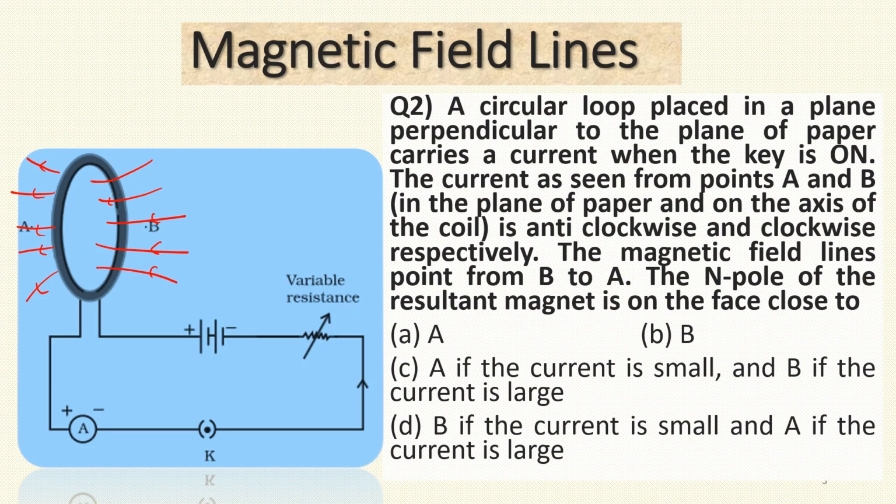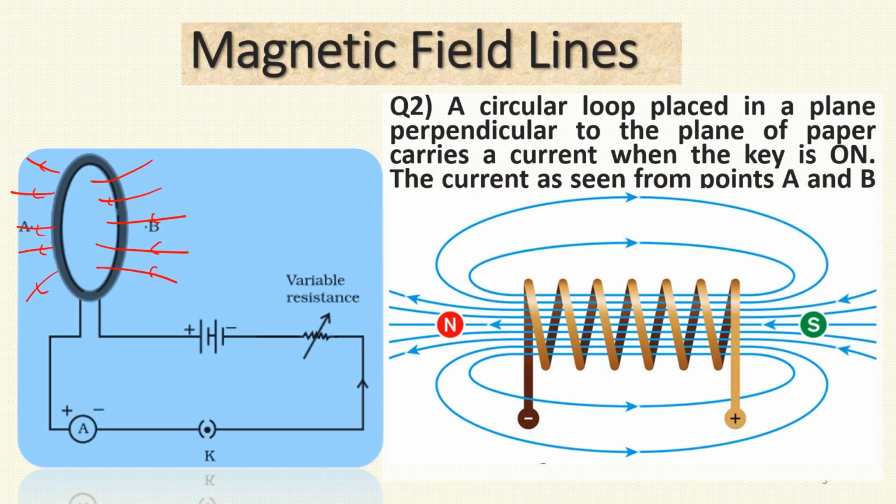The north pole of the magnet is on the face close to... So the north pole of this magnet, which is a resultant of the current flowing through the circular loop, will be on which side? To understand this, you have to understand how the magnetic field lines move in a solenoid or bar magnet. First let me show you for a solenoid. In the solenoid, if you see in this figure, the magnetic field lines are coming out from one end.